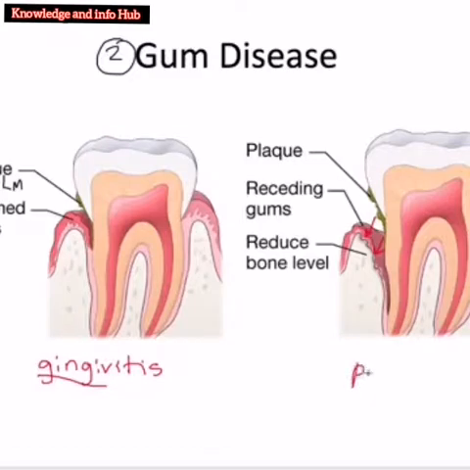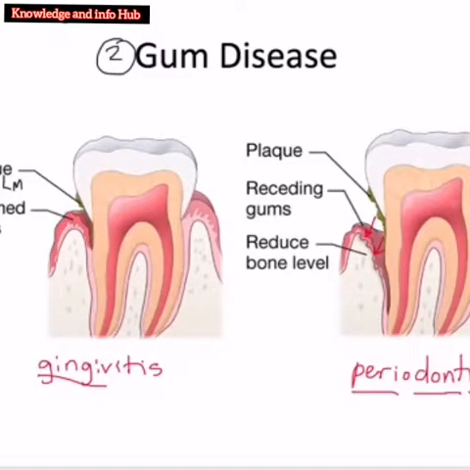And this disease process, a more severe gingivitis, is called periodontitis. It's so named because itis, again, is for inflammation, and peri means around the tooth. So it's inflammation of the periodontium, which is the tissue around the tooth supporting it in place.